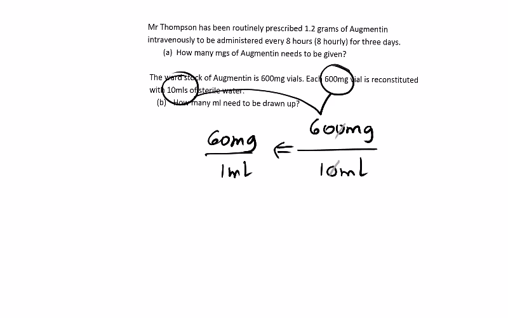So this would have been the concentration if simplified. Sometimes the wording would have been then the word stock of the drug comes as 60 milligrams per mil. We would find out the same answer in the end, but sometimes we just need to know how to reconstitute and use that information as our have.